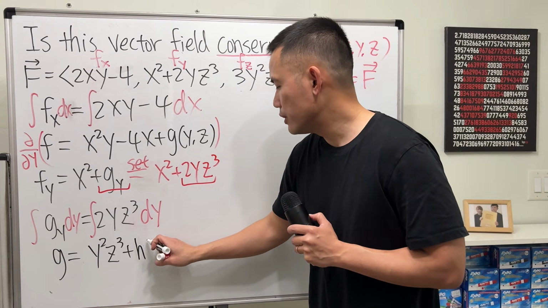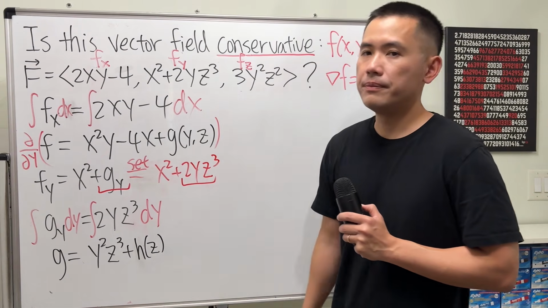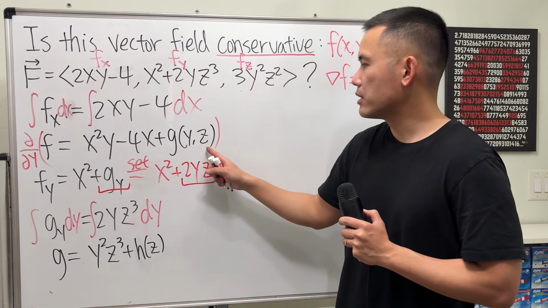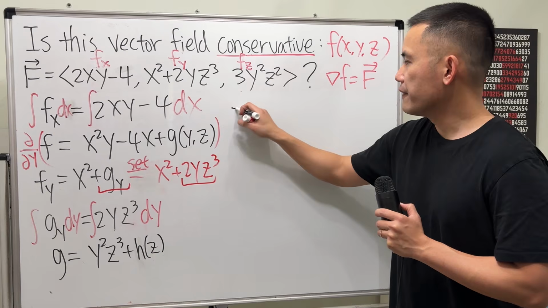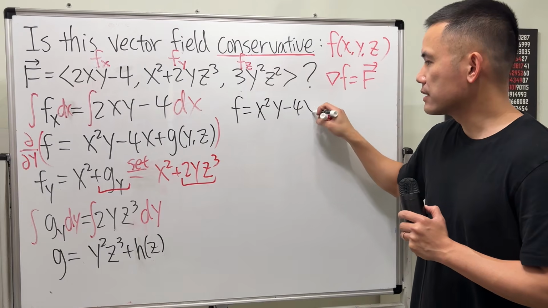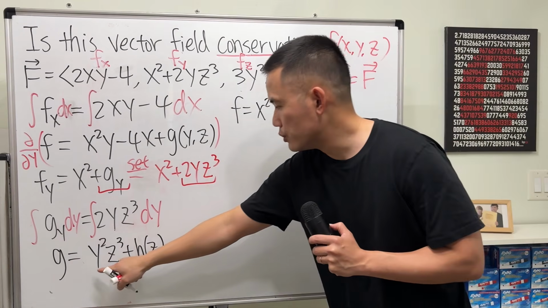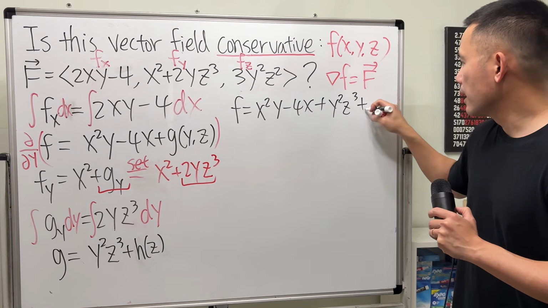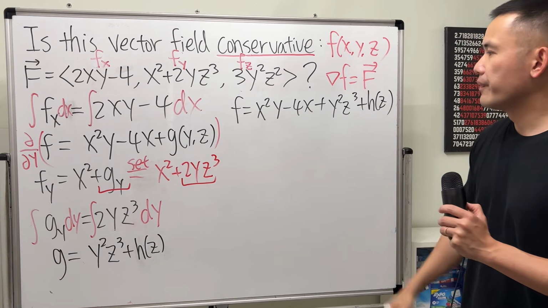Let's call it h, and then that will be in terms of z. So this is how g looks like. I'm going to put it back here so we know f looks like x squared y minus 4x plus g, which is this, y squared z cubed plus h of z.